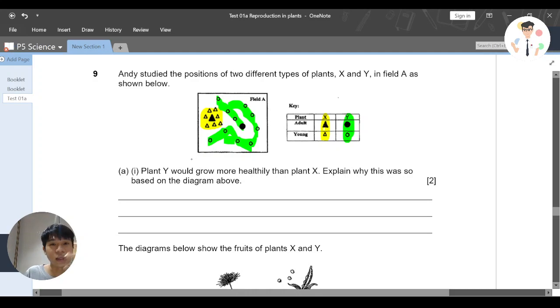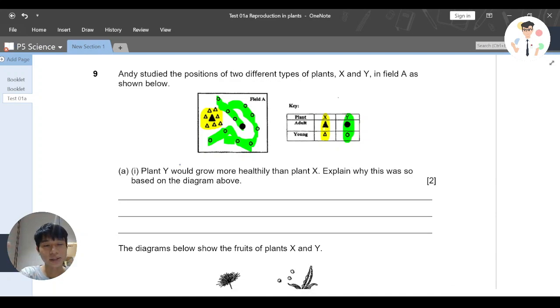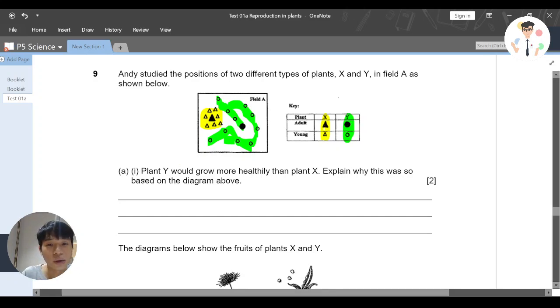First, you understand that Y is scattered further away from the parent plant, but plant X is around it. Because of that, they are competing for what? They are competing for space, water, light, and mineral salts. So how will we explain this?